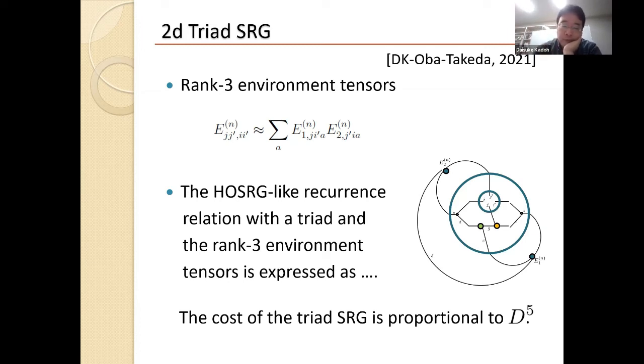Then the cost of the triad SRG is proportional to d to the 5th, which is smaller than that of HOSRG.